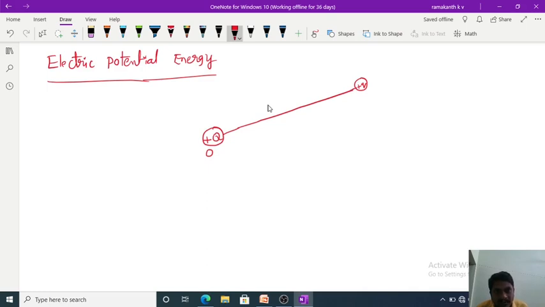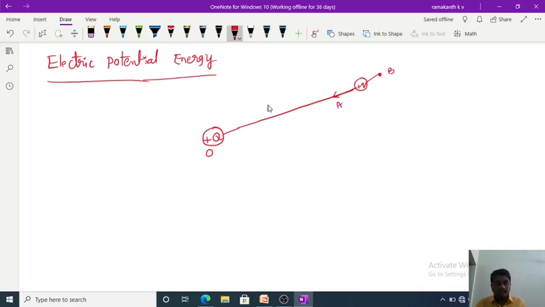Now small q is said to be in the electric field of capital Q, and capital Q is also said to be in the field of small q, but it is a small charge. This is a test charge, its magnitude is small.